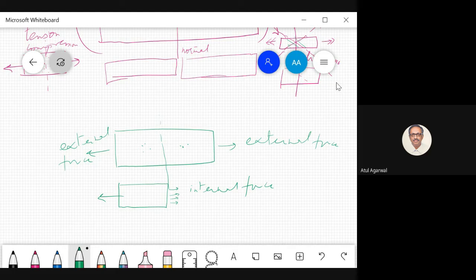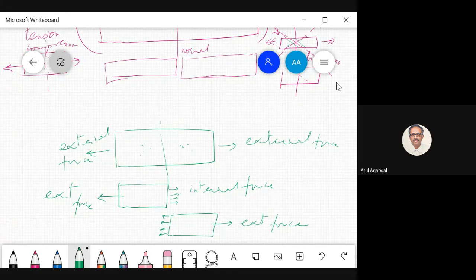Similarly, if you draw a free body diagram of the right part, this is an external force. This is an external force. But there will be internal forces on this face. So the right half is causing this internal force on the left half, and the left half is causing these internal forces on the right half.